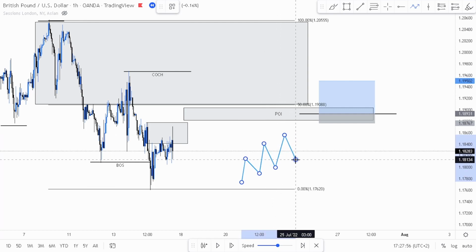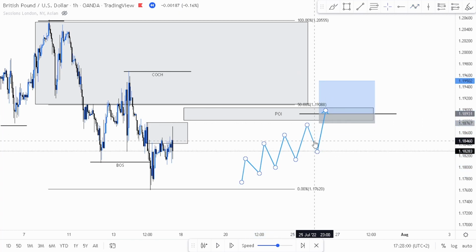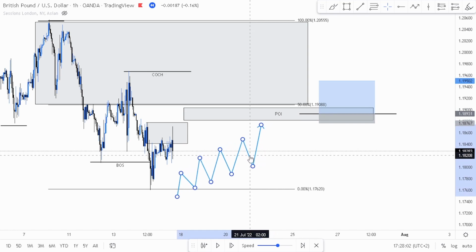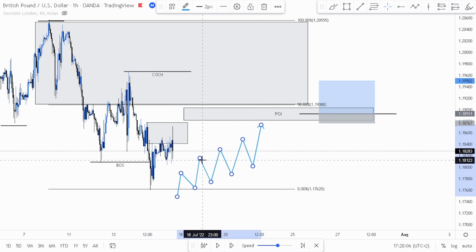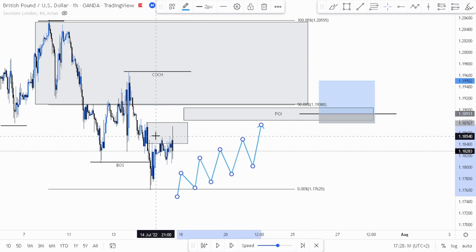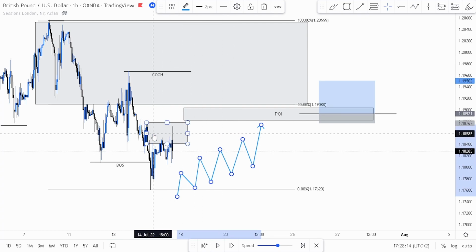Price is having a bullish movement to the upside, which is causing the retracement. So most of the time when price keeps on retracing to the upside, people want to take trades right over here, not realizing that these levels right over here are not strong, so they will not hold the market.